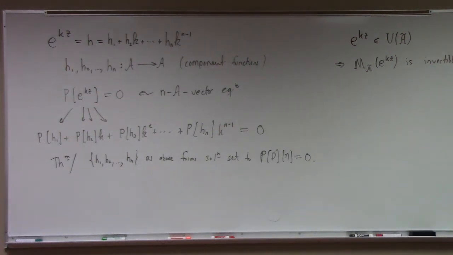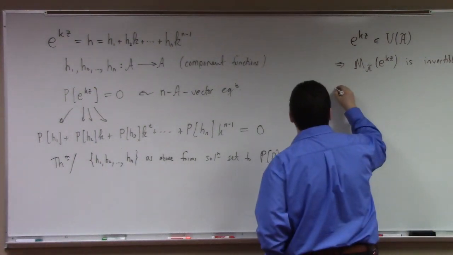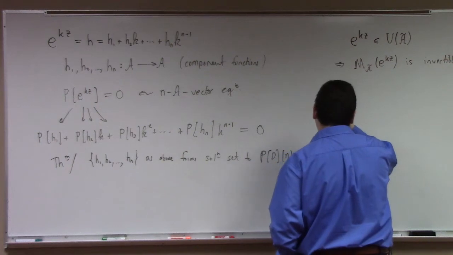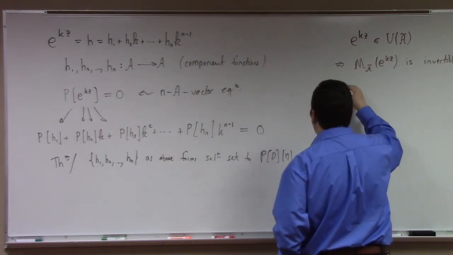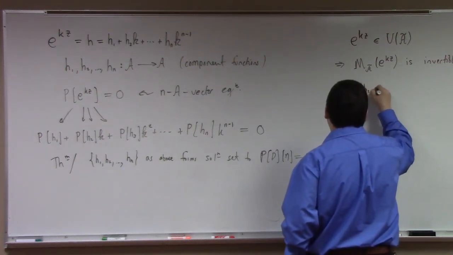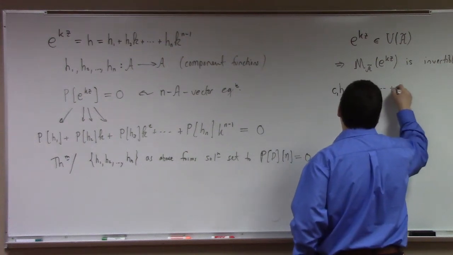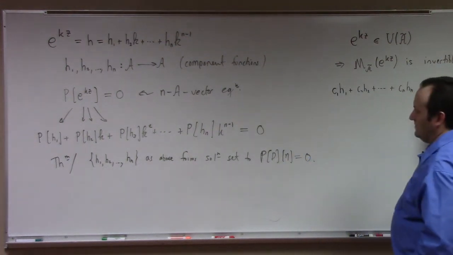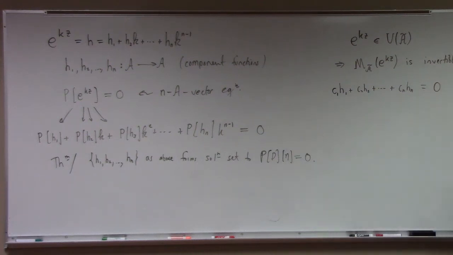How do we prove linear independence of these component functions today? I mean, what I wrote is true. I'm not sure that helps me though. I think you guys are right about the Wronskian though. If we have C1H1, C2H2, CNHN set equal to 0, we'd like to show that those coefficients are all 0.